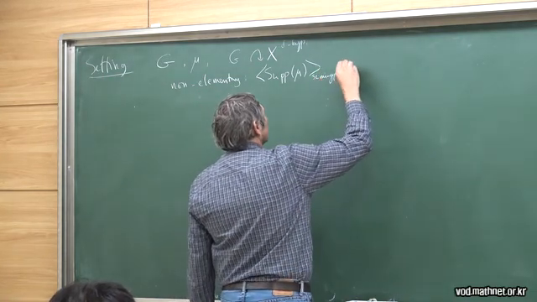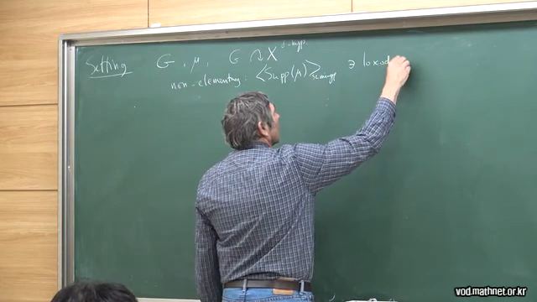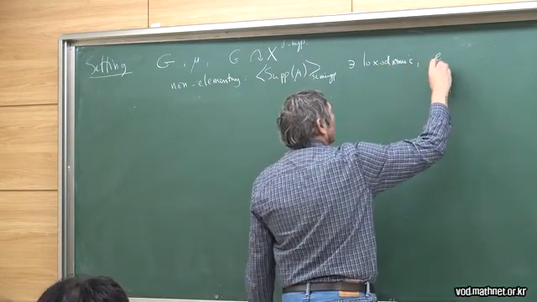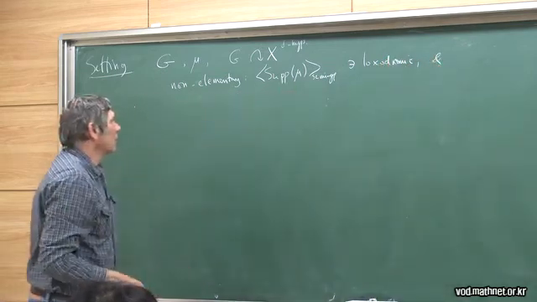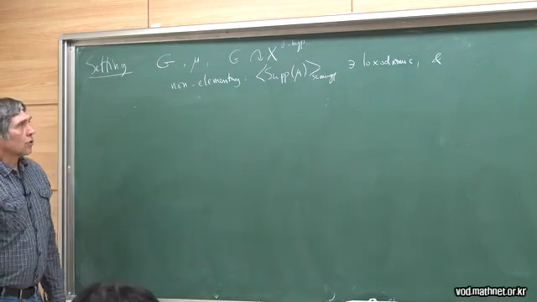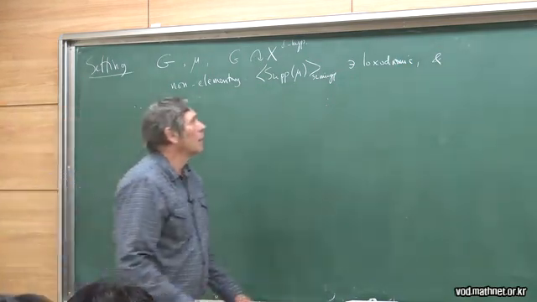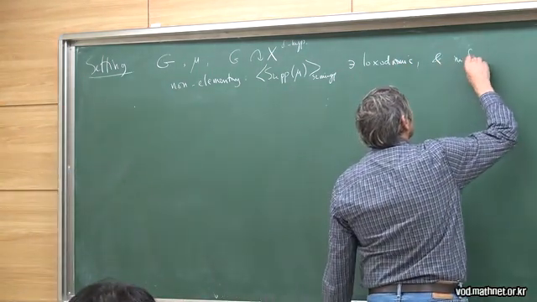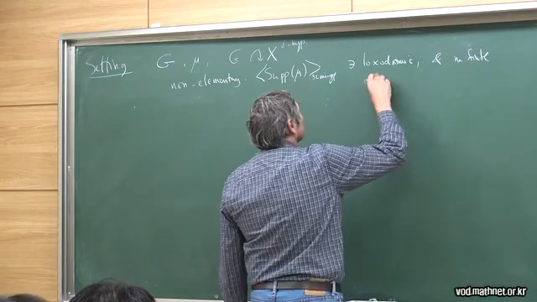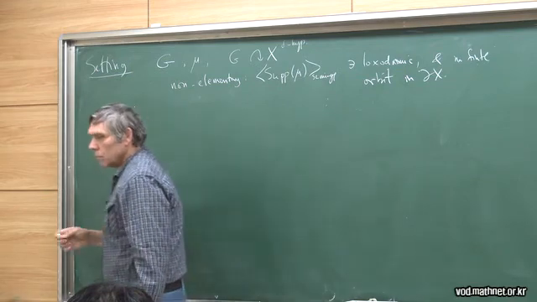Then this contains a loxodromic. That's one condition, and the other is that, well, I guess equivalently, the whole group generated by the support doesn't have a finite orbit in the Gromov boundary. No finite orbit. Okay, so that's just what it means to be non-elementary.